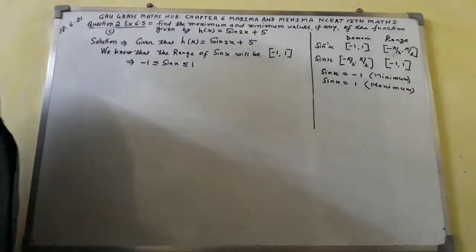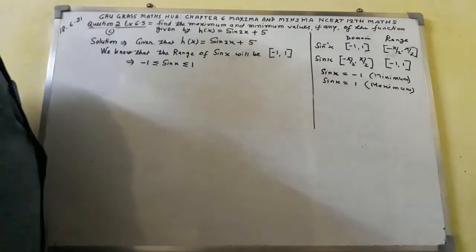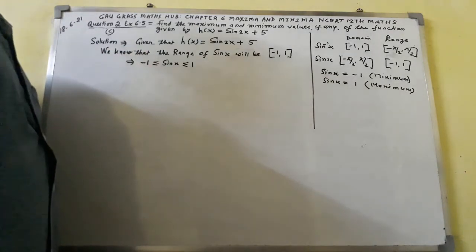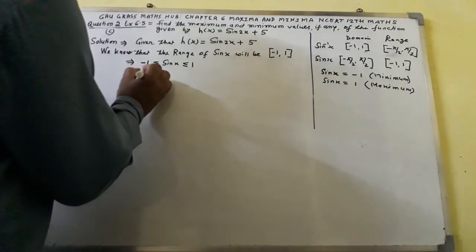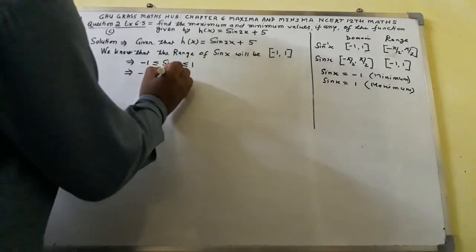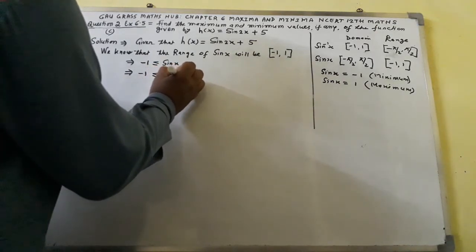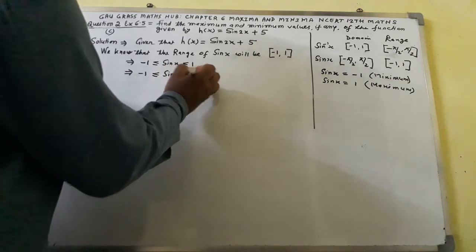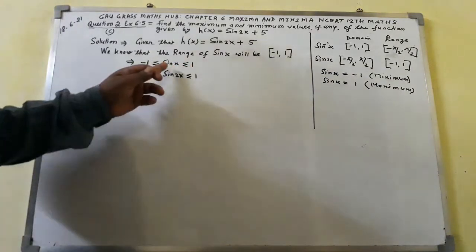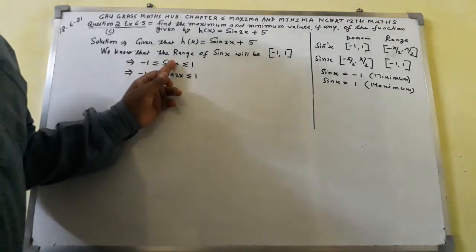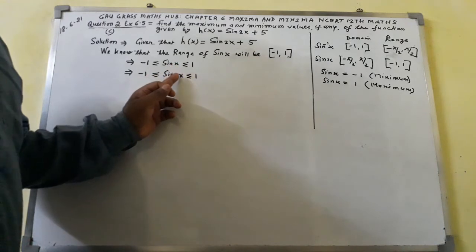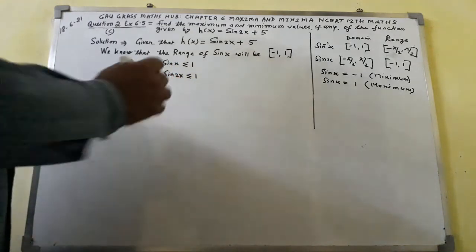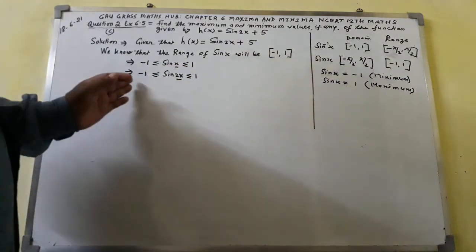In this way, what to do in this case? This is an inequality. Here again I shall write -1 less than or equal to sin 2x less than or equal to 1. Because x is a variable, in place of x I can write sin 2x, and the range will be the same.